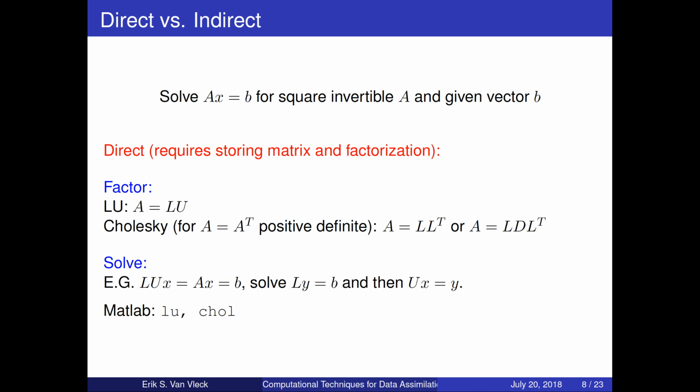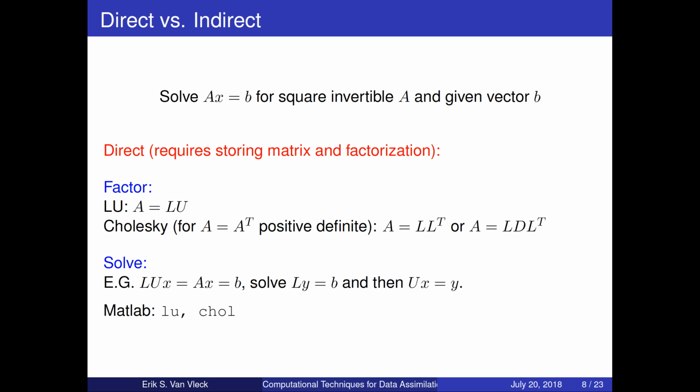The first are the direct methods. These generally require that we store the matrix and store the factorization. And we typically try to proceed in a factor solve way, where we first factor the matrix into a form that allows for easy solving, such as an LU factorization or a Cholesky factorization.